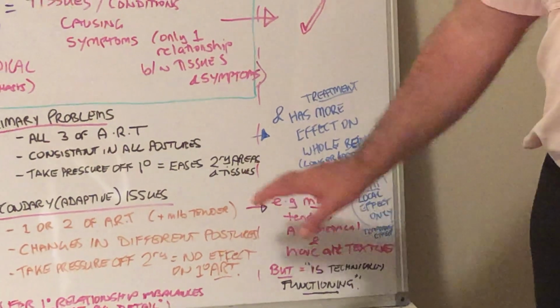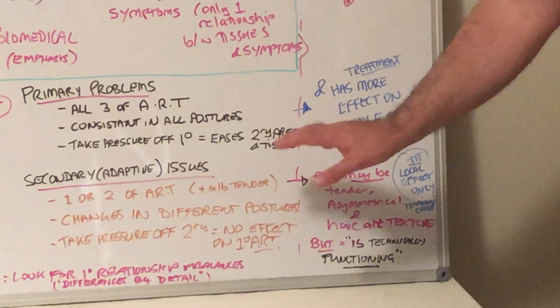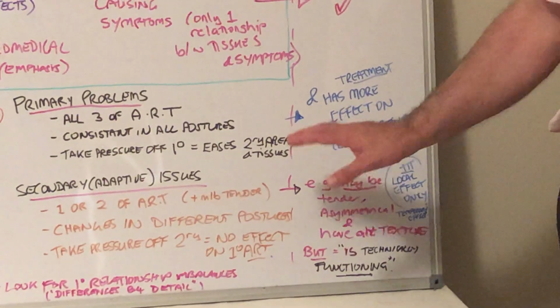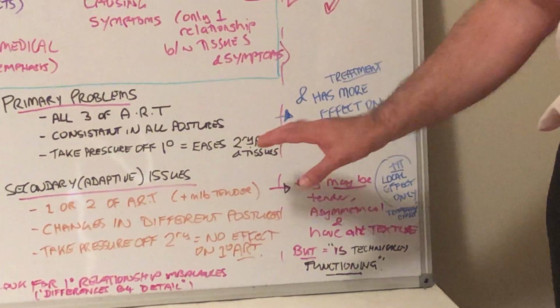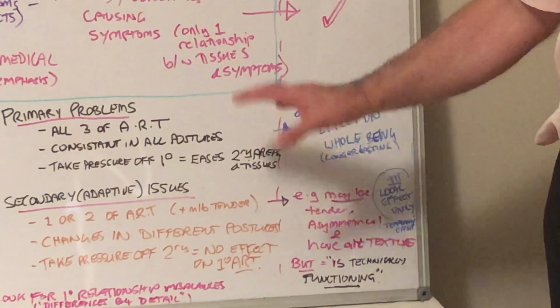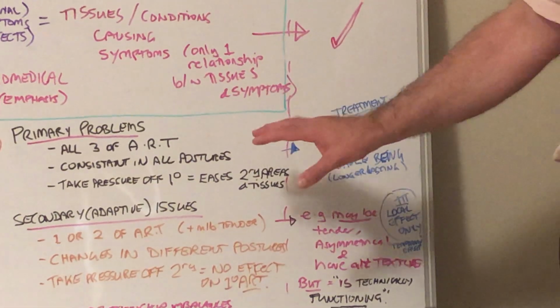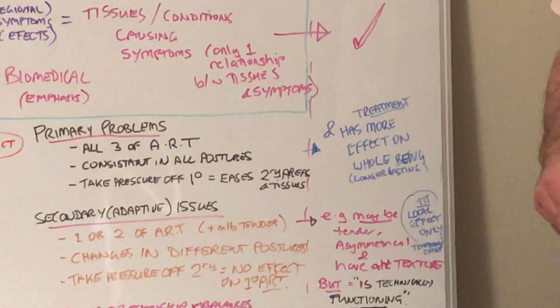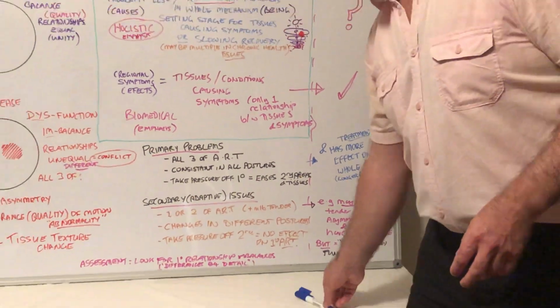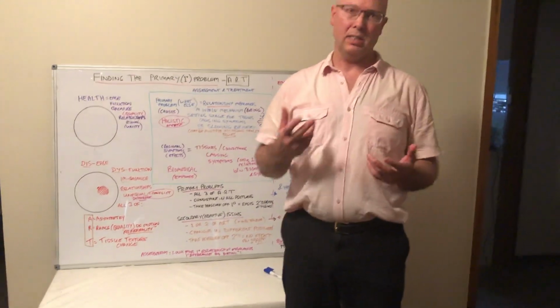Now that's not to say that symptomatic areas don't sometimes have primary problems in them. Sometimes the area where the pain is also where the primary problem is, in which case you will find all three of A.R.T. Now I'm going to do some practical examples here. So one is just a reasoning thing.